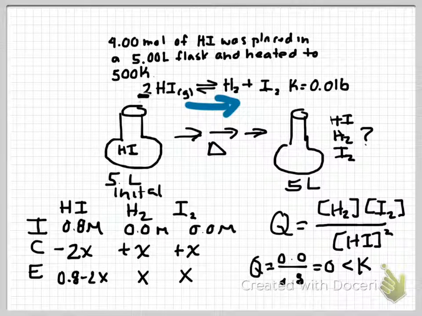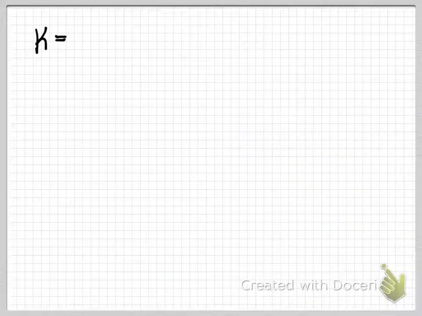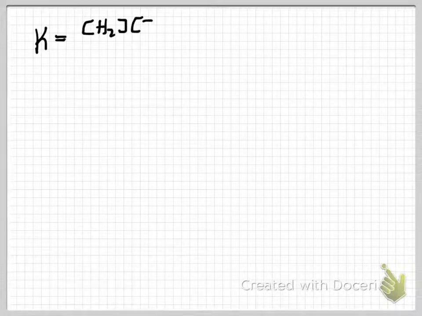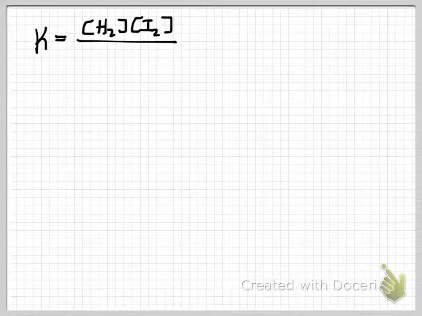At this point, we want to go ahead and put these expressions from our equilibrium calculation into our K. At this point, we are going to call it K because we are at equilibrium. So our K expression is the same one we wrote before. Hydrogen times iodine concentrations divided by the hydrogen iodide squared.